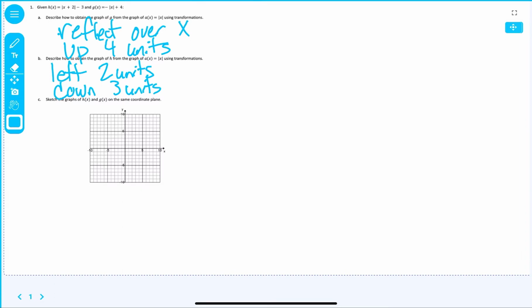So if we're looking at our y-intercept for h of x, where is it at? Okay, it would be at negative 3, but we have to shift it to the left 2 units, right? So that one's going to be at negative 2, negative 3. Right there.